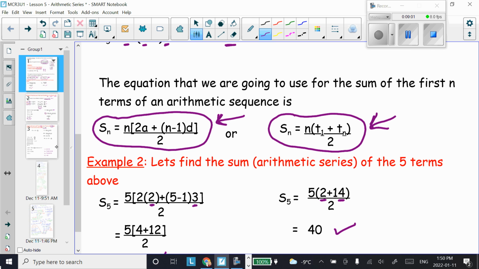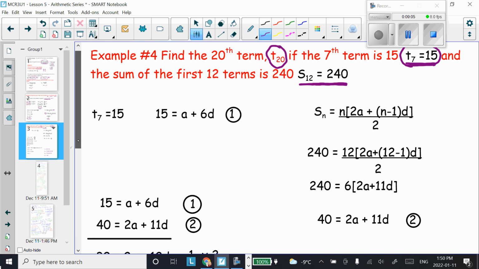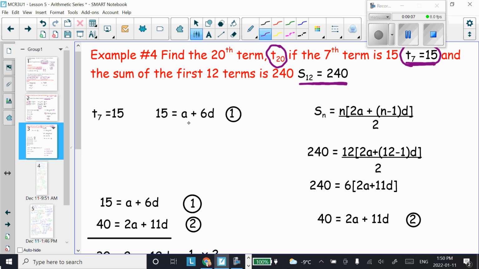We're just going back and forth between those, depending on what's given in the question. All right, so we're going to use the general equation here, and I went ahead and replaced my Tn. We're given T7 as 15.